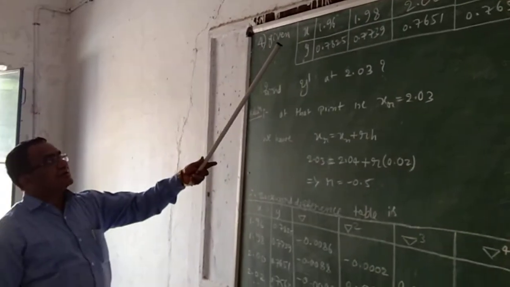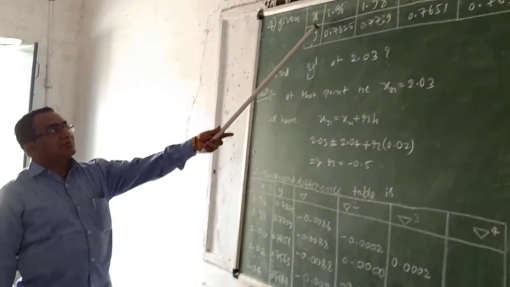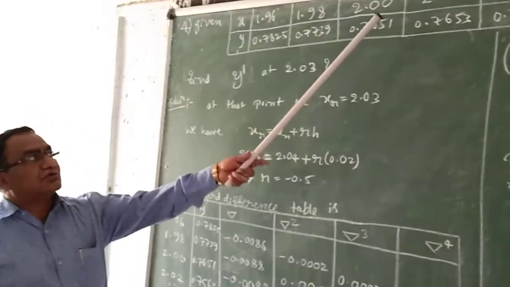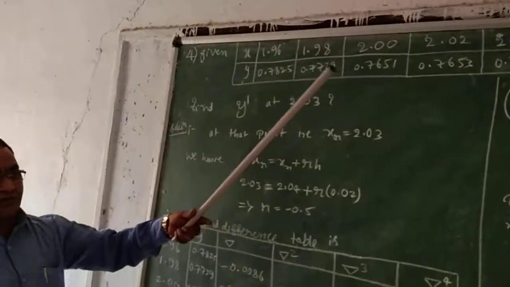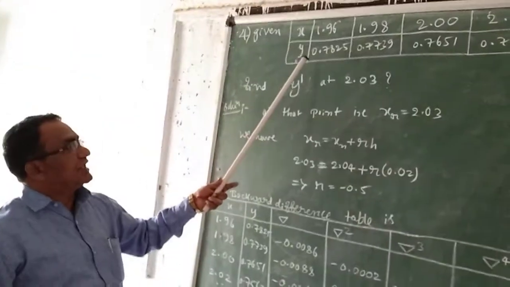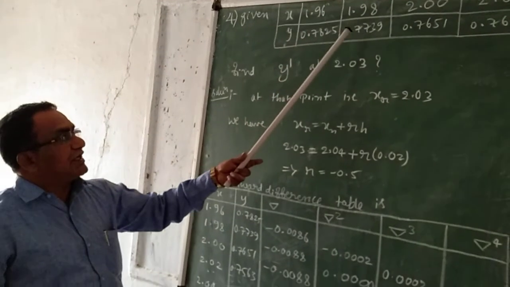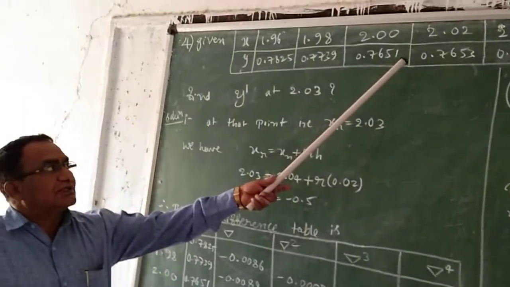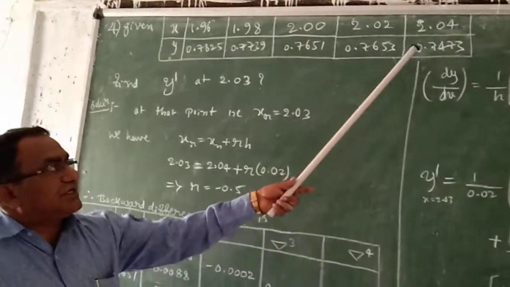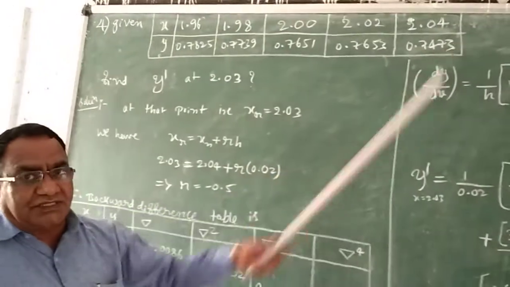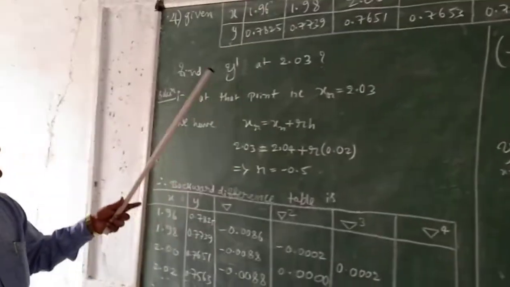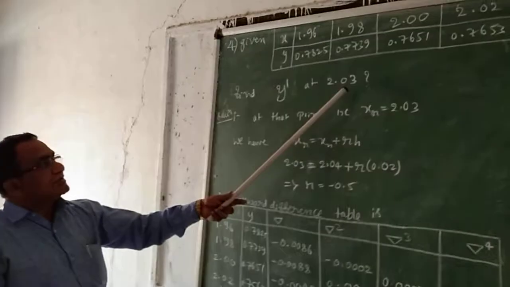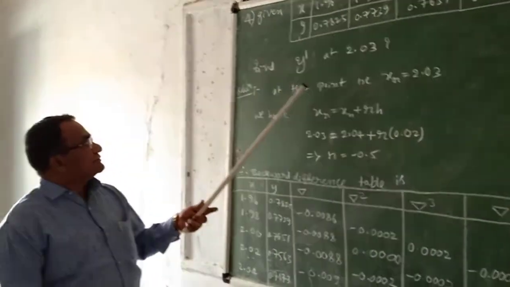Table is this. x is equal to 1.96, 1.98, 2.00, 2.02, 2.04. The corresponding values of y are 0.7825, 0.7739, 0.765, 0.7653, 0.7473. Find y dash at 2.03.